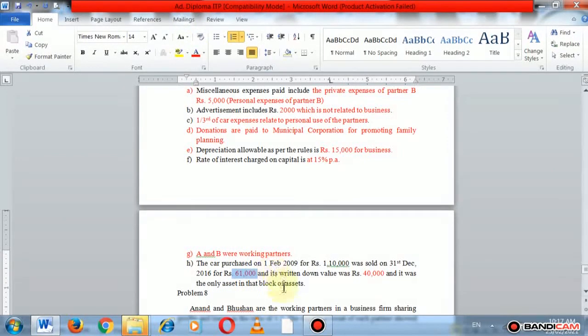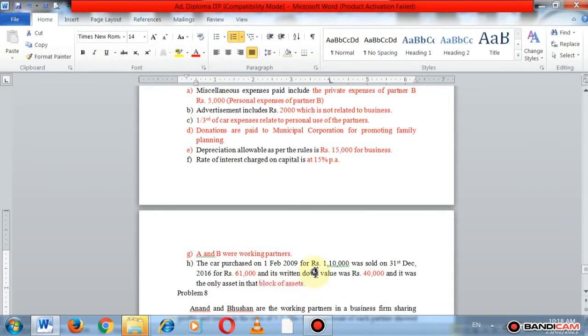It means the car is sold at a profit: sold for rupees 61,000 against a value of rupees 40,000. So 21,000 is the profit on sale of the car, because it is the only block asset of the firm.